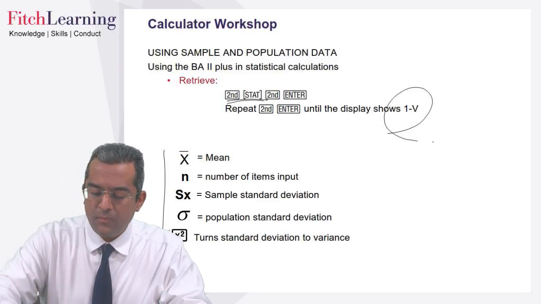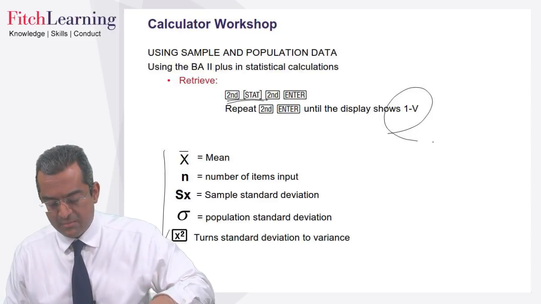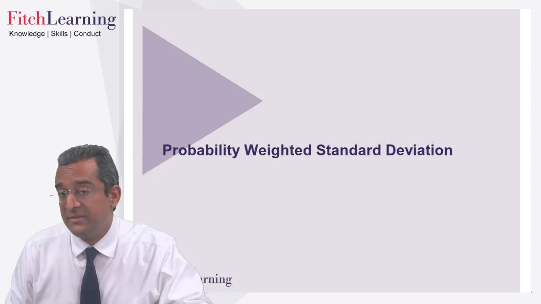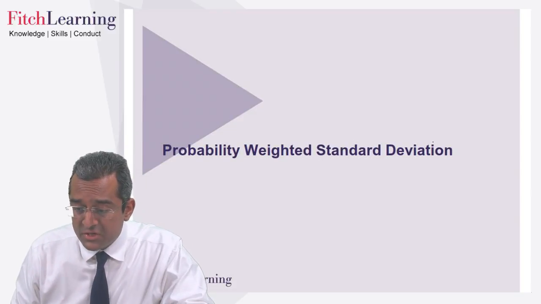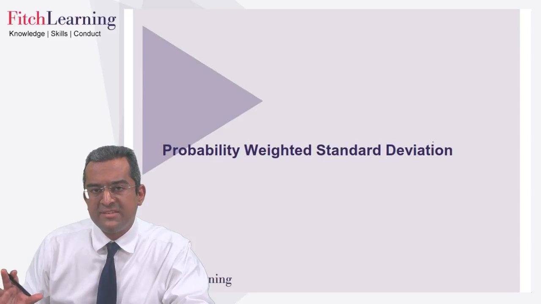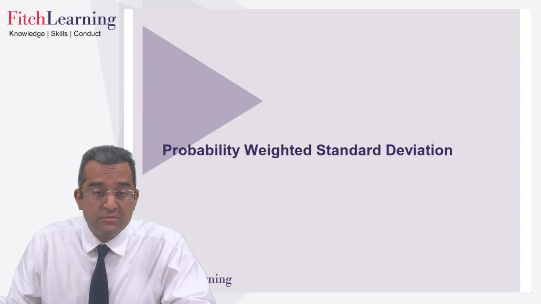Now, one thing that I see is just talking about probability weighted standard deviation, which can be quite tricky. Because you're having to give, of course, an estimate of deviation based upon outcomes of some kind of scenario.